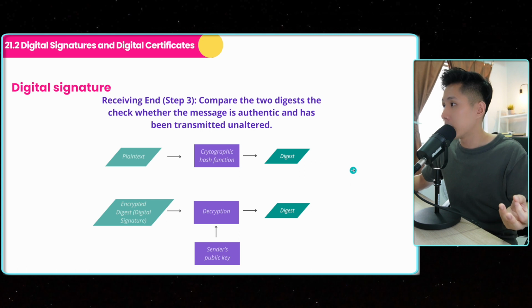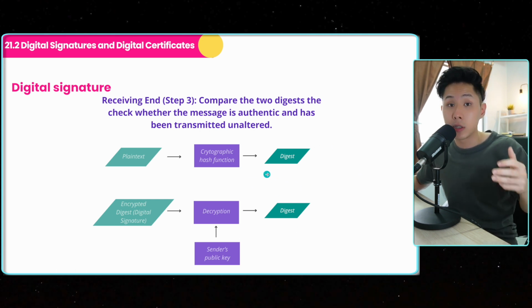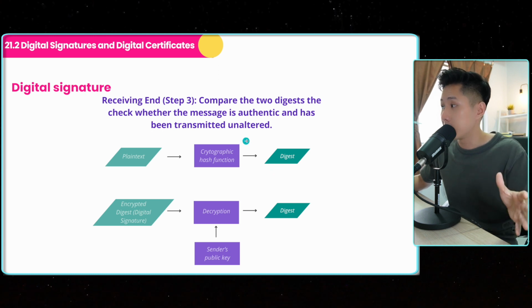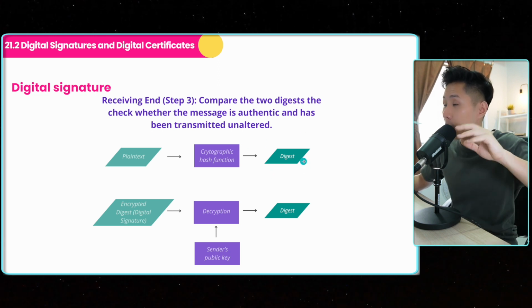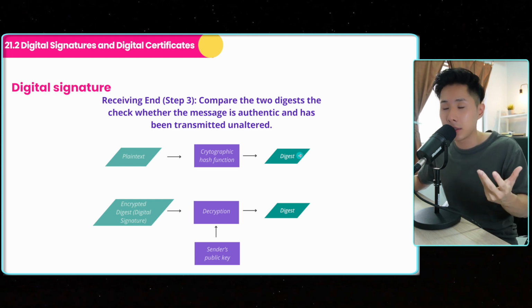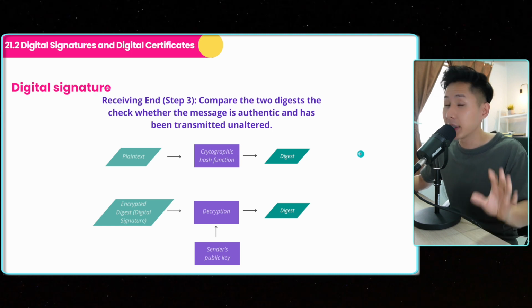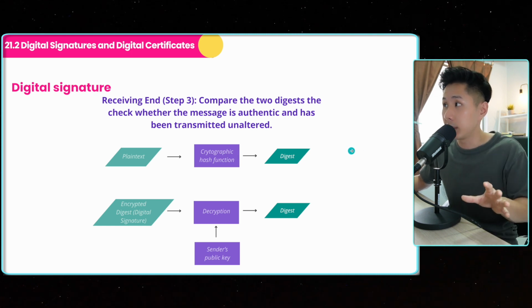And the third step is to compare the two digests to check whether the message is authentic and has been transmitted unaltered. So with this approach, you're not just able to verify the identity of the sender, you can also speed up the process. So that's the essence of digital signature.